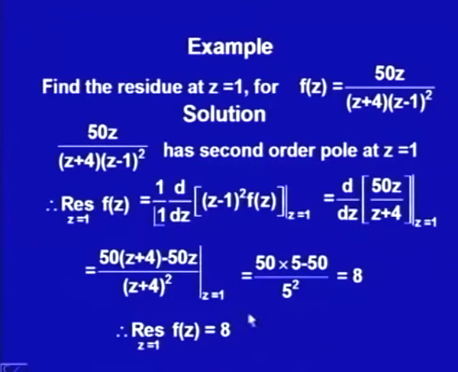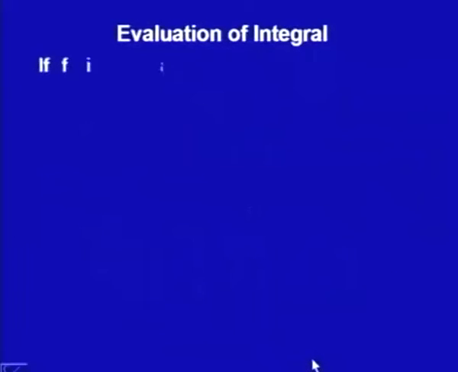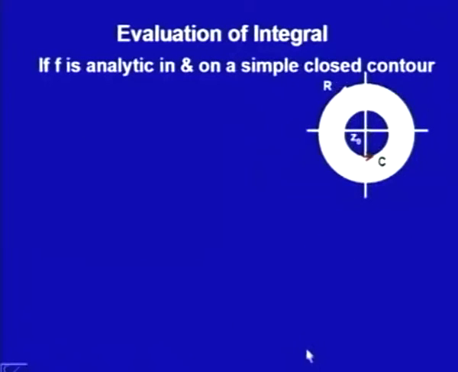Now, we have learned that we can find the residues using these simple formulations, and we are using these residues for the evaluation of integrals. What evaluation of integrals have we done till now? If f is analytic in and on a simple closed contour, we know that the integral of f(z) dz should be 0.